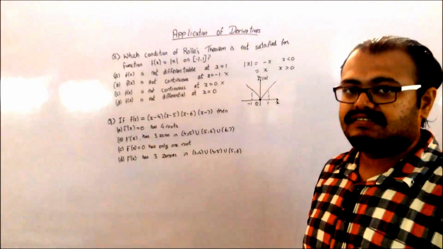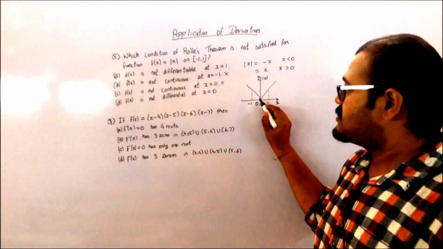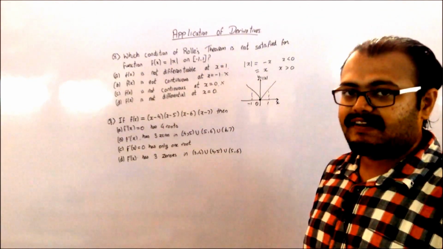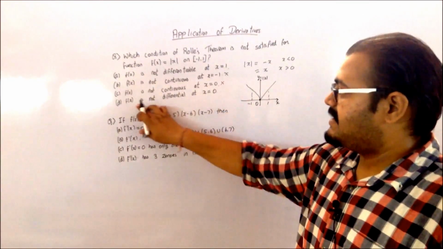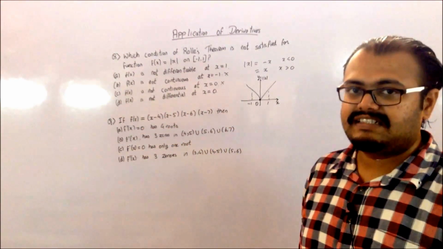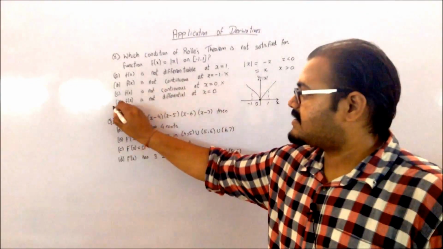Because of that, at point O it is not differentiable, because there is no derivative existing. So f(x) is not differentiable at x equals 0 is the correct option.